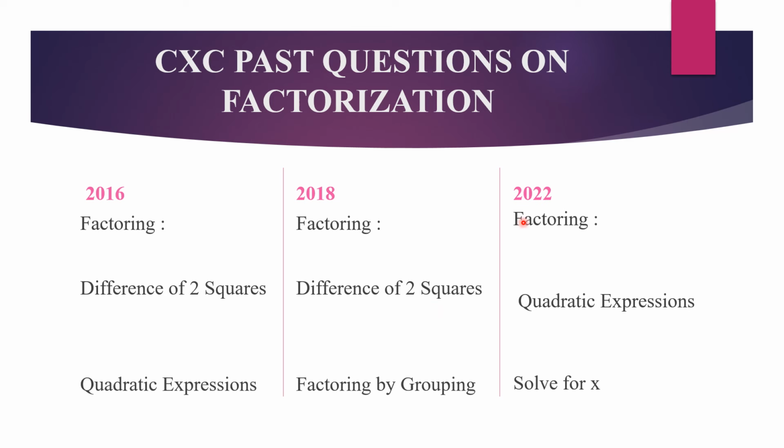And last year, in 2022, the first part of the question was to factorize a quadratic expression. And as we look back at 2016, the second part was to factorize a quadratic expression. And for 2018, the second part was to factorize by grouping.